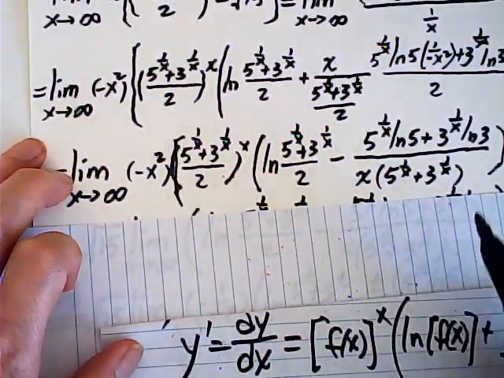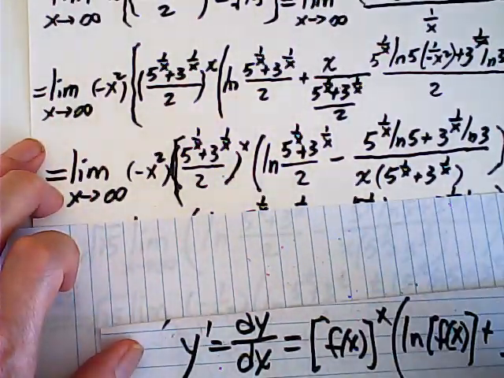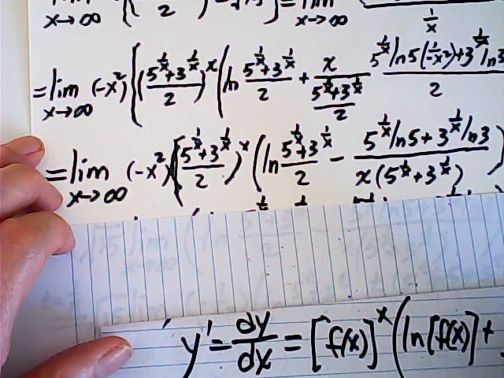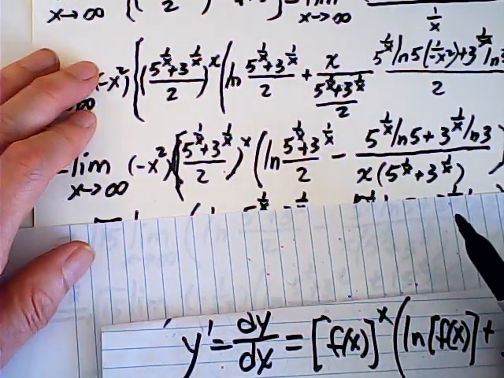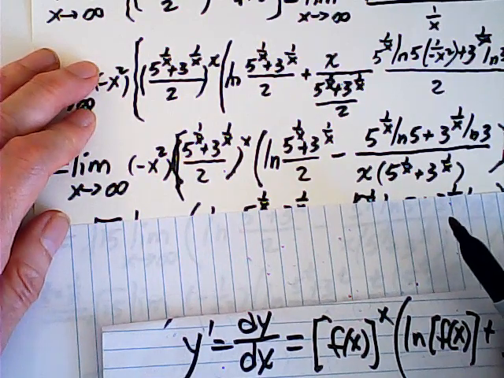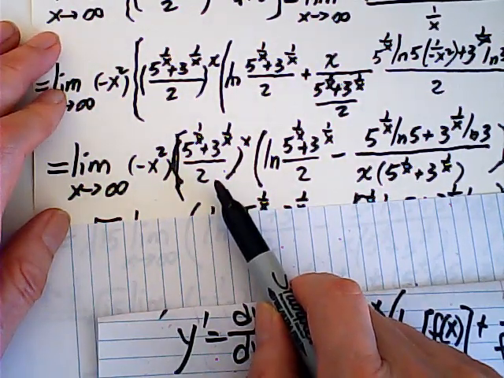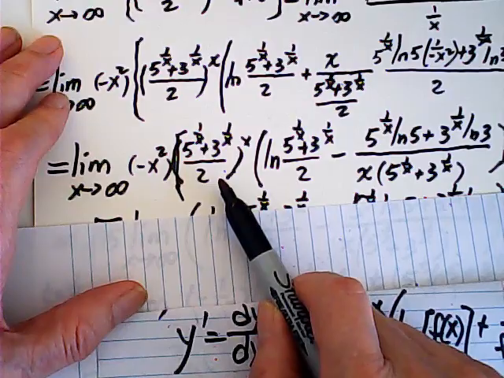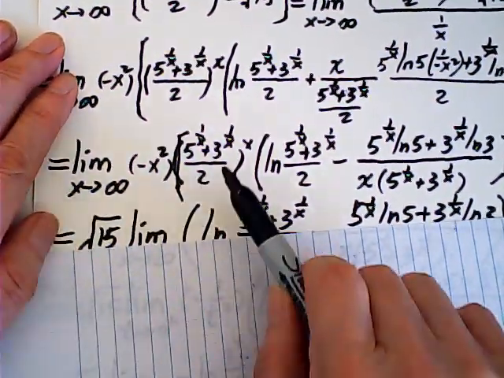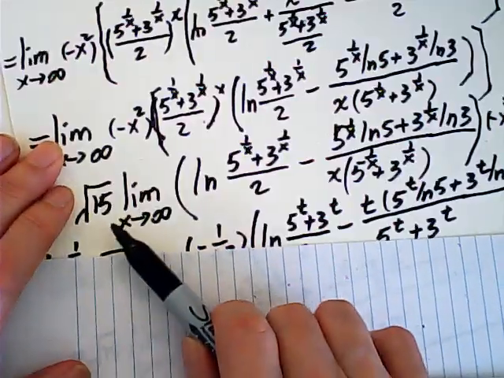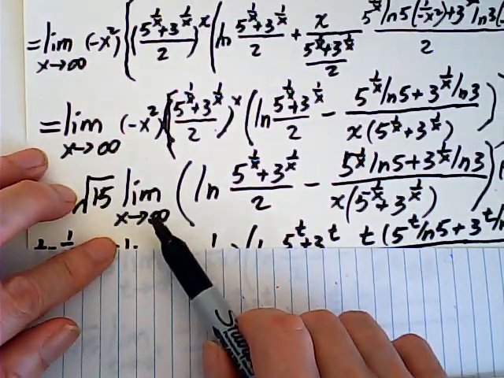Okay, this is the reason I pre-wrote things: it makes it easier to follow and avoid mistakes. Now, this limit, as we did in the beginning, is root 15, so I take root 15 out.